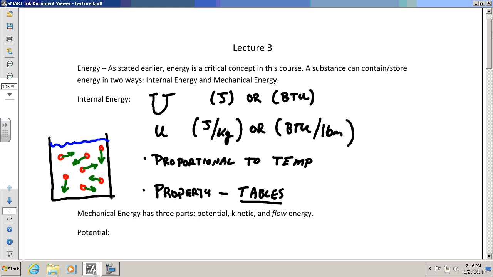And the U is for internal energy, and we're going to use that quite a bit. It's the amount of energy stored inside the substance, in the liquid, the gas, even solids can have internal energy. And again, the hotter something is, it has more internal energy. That makes sense to us. Hotter stuff has more internal energy than colder stuff.